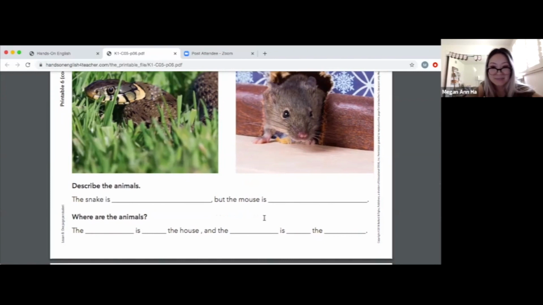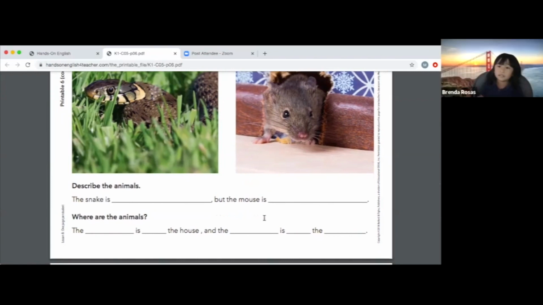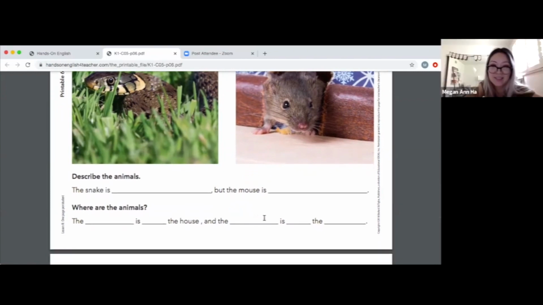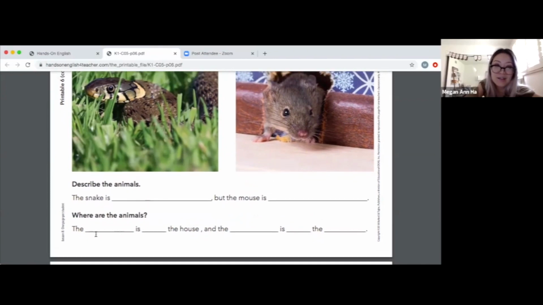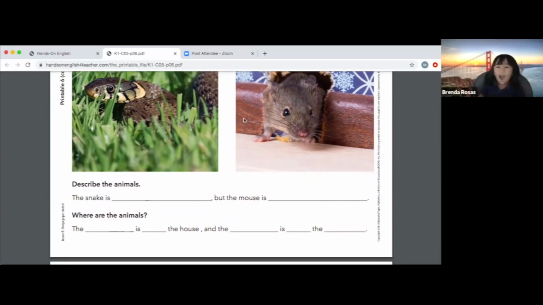Great. Spanish. Great, I heard you. Nice. Spanish. Rattan. Good job, babe. Okay. Which animal is with the house? Which one? The blank. What goes in the blank? The rattan.